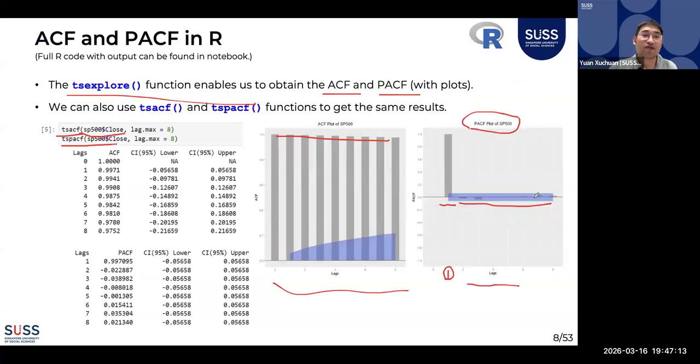All right, so let's demonstrate this example. We use tsexplore to understand our data.